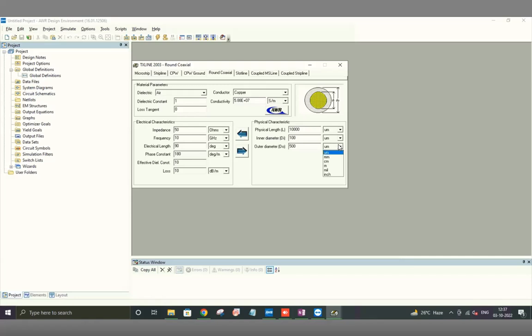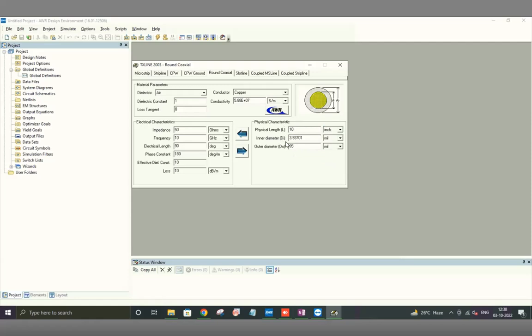So let's try to set the numbers. You see, this actually provides the unit milli, which is milli-inch. If I now enter 85, which is the standard coaxial cable I was telling you about, and we also set this one to inch. Say it's a 10-inch cable.